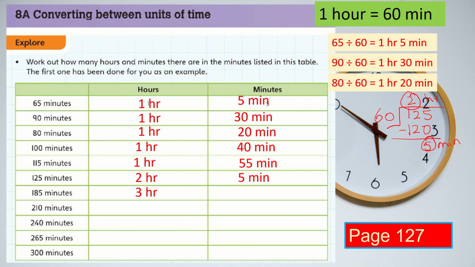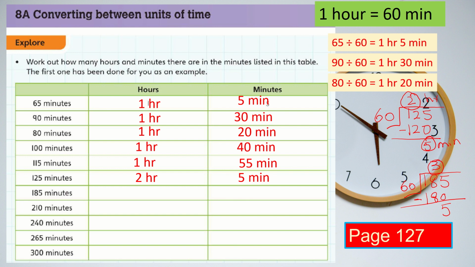Okay. Now in 185 again, let's read the table of 6. 6 is easier instead of 60. 6 ones are 6, 6 twos are 12, 6 threes are 18. Oh yes, we are getting close to it. So we can write 60 threes are 180. I'm adding a 0 at the end, right? Now I'll get 5 as a remainder.